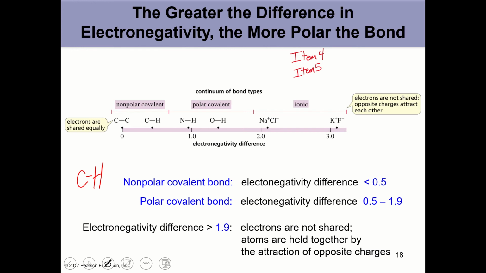Okay, polar covalent bonds. This requires an electronegativity difference of 0.5 to 1.9. So I usually say 2. So if your electronegativity difference is 0.5 to 2, then you are a polar covalent bond. On the previous page, we showed that hydrogen to chlorine has an electronegativity difference of 0.94.